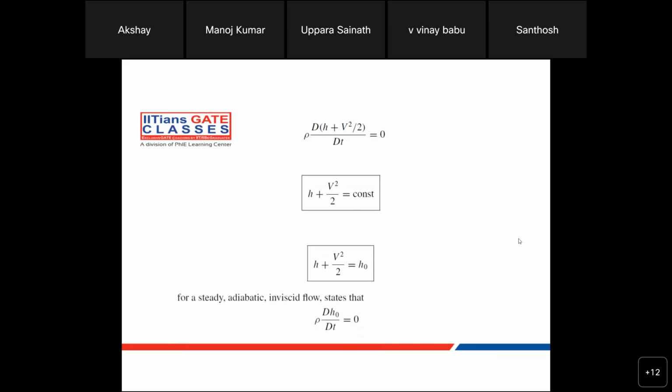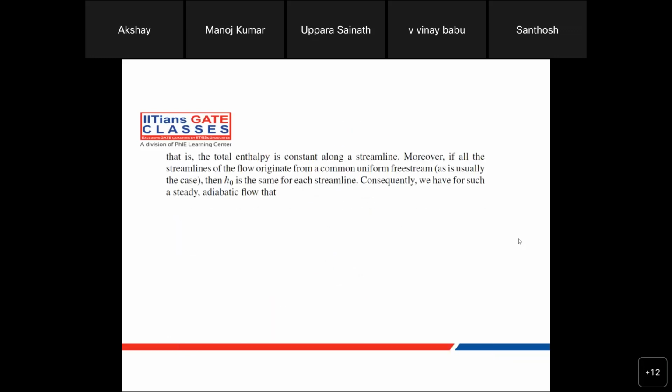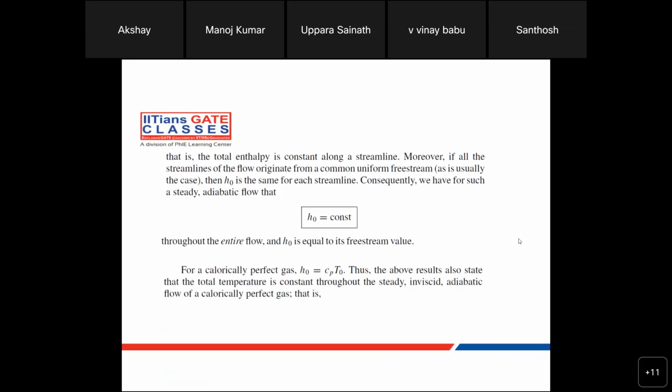Or if it is a calorically perfect gas, again we can go on and define this quantity as h naught is equal to constant throughout the flow, only when every streamline you are dealing with originates from the same source and it's uniform, right? And for a calorically perfect gas, you can always write h is equal to cpT.